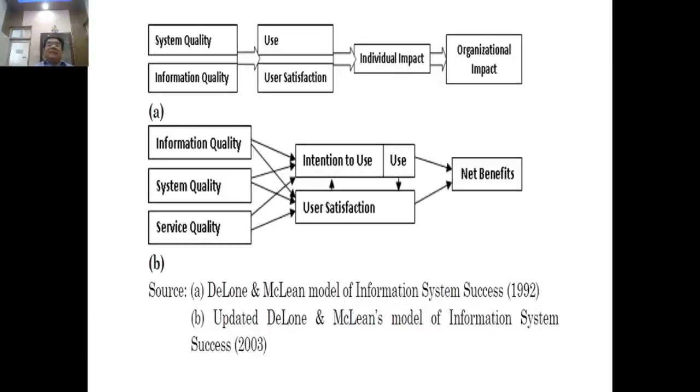System quality in the sense that the software has many features, the system performance, that if somebody wants to retrieve any information, how fast this information is retrieved, and how easy it is to operate for a common user. And except that, what type of service is being provided by this portal.